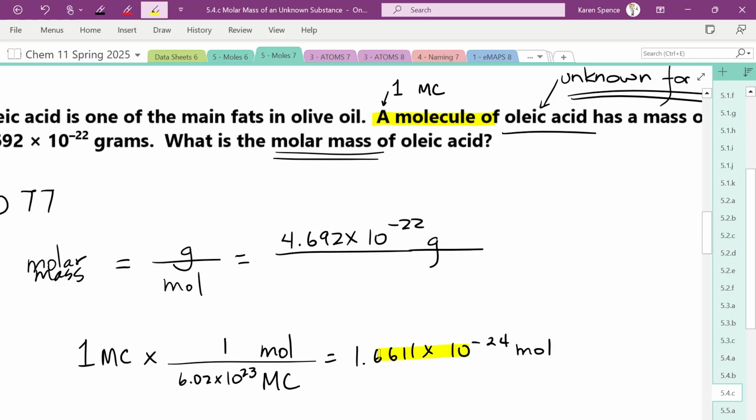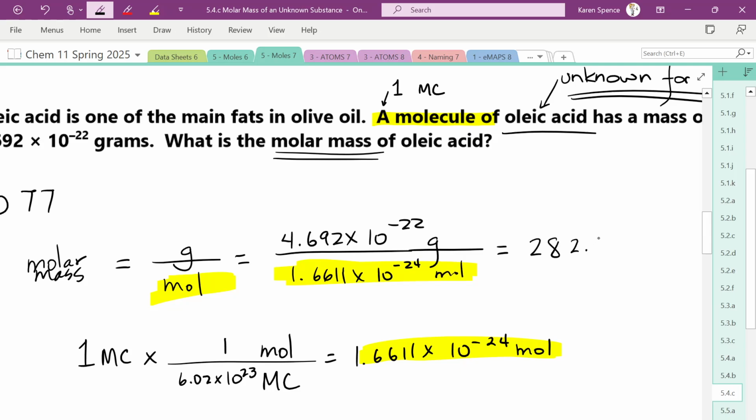So we can then take those moles and put them in where we have our moles. 1.6611 times 10 to the negative 24 moles. Do that division. 4.692 times 10 to the negative 22 divided by that equals 282.46.